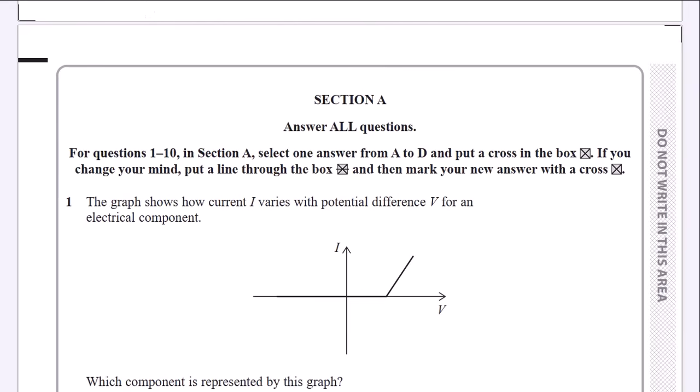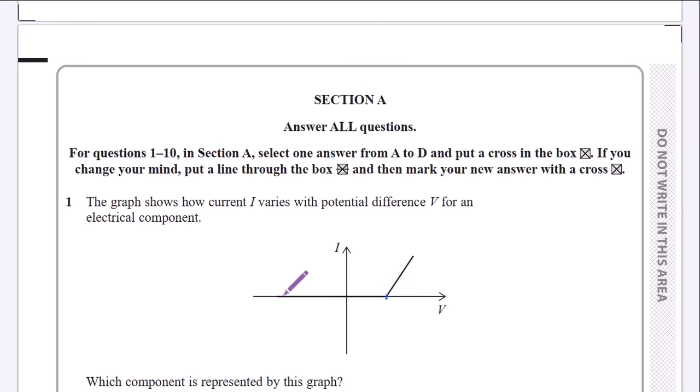Also remember that when it comes to a diode, for this specific question you don't need to know this, but you need to know this in general. This point is called the threshold PD, because it needs a minimum amount of voltage to start conducting.